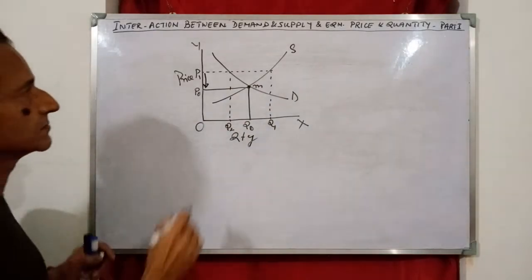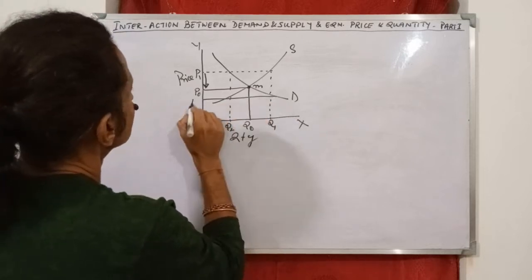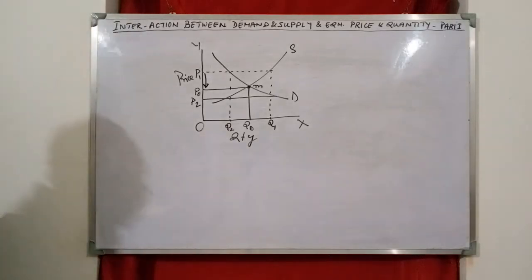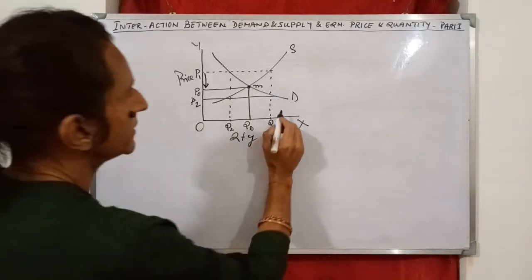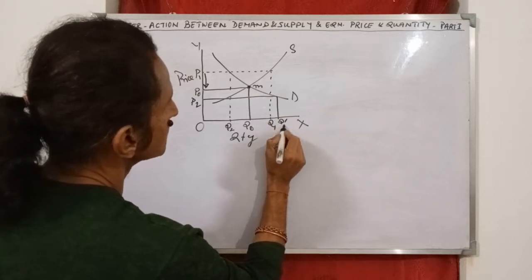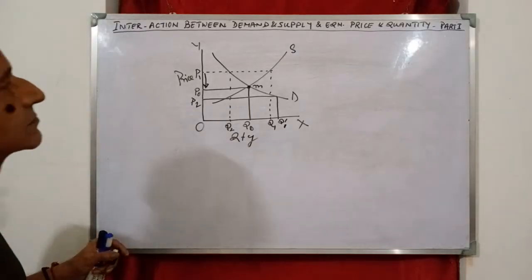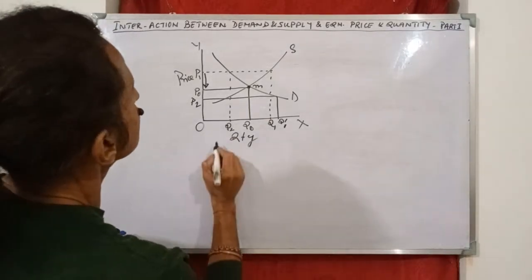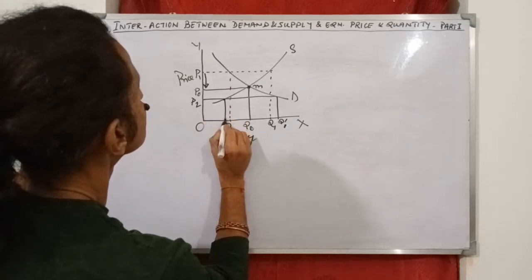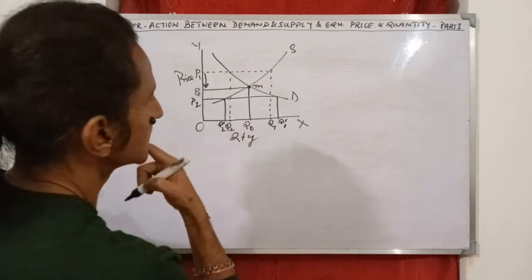On the other hand, take this price P2. At this price, quantity demanded is say Q dash 1 and quantity supplied is say Q dash 2.